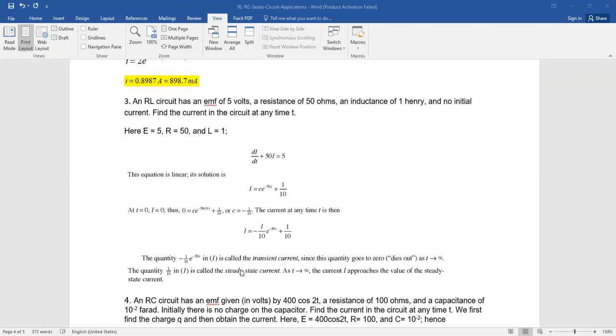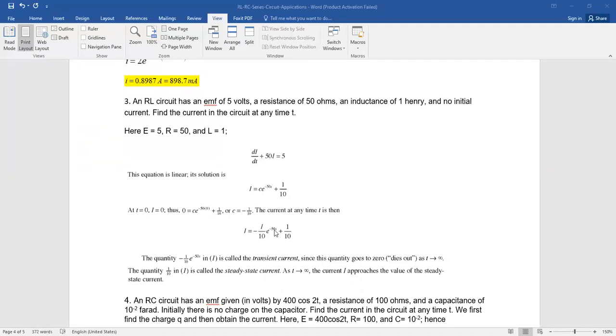So let's say, for example, you would be asked, given the solution of a differential equation for an RL circuit that was set up, what the transient current is. You copy the entire term that has the exponential expression, or the entire term which has the t.